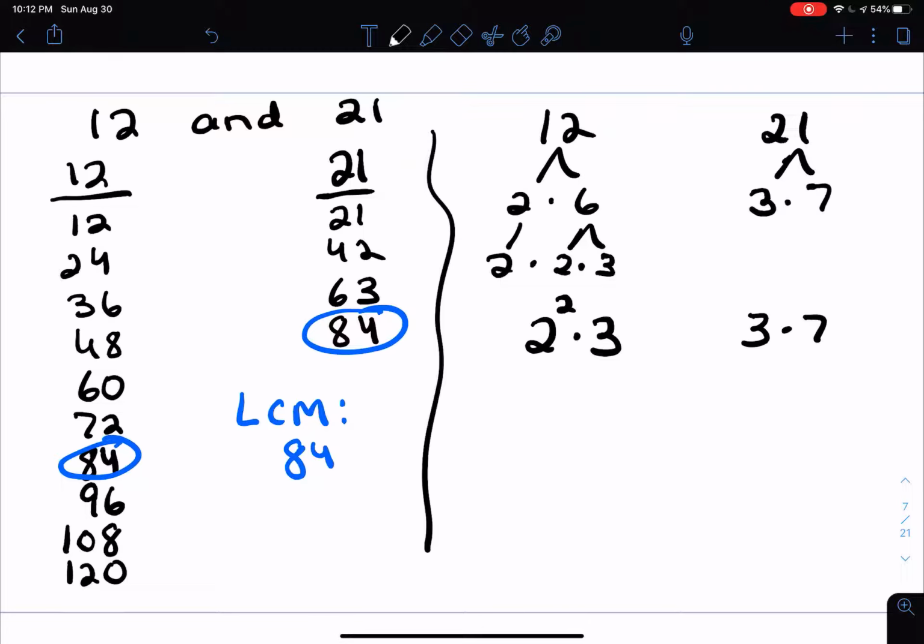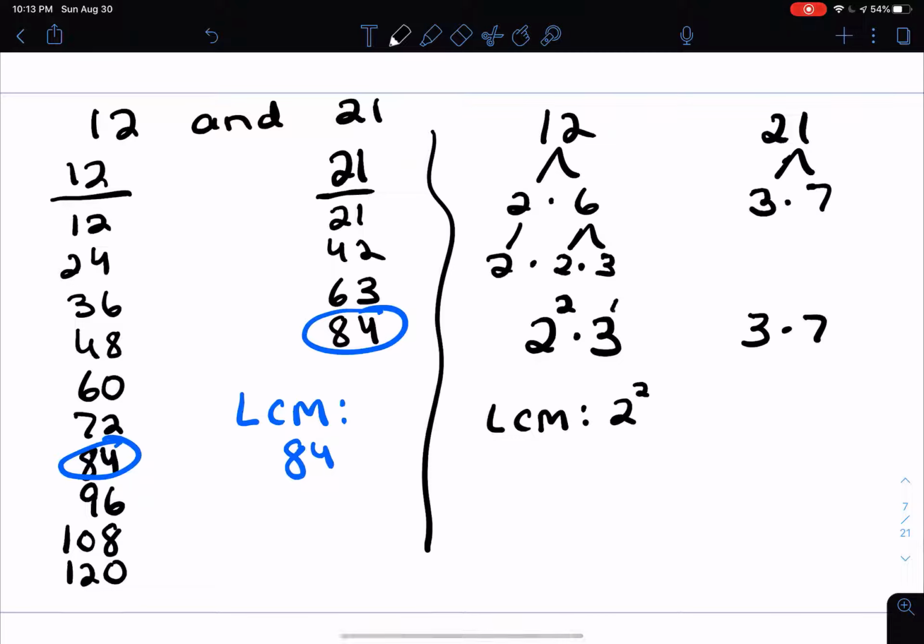So what we've got to do is look at all of the prime factors, not just the ones in common, all of them, and go with the lowest exponent on whatever pops up. 2 squared pops up once, so for the LCM, we'll go with 2 squared. It only pops up on 12. 3 pops up in both of them.